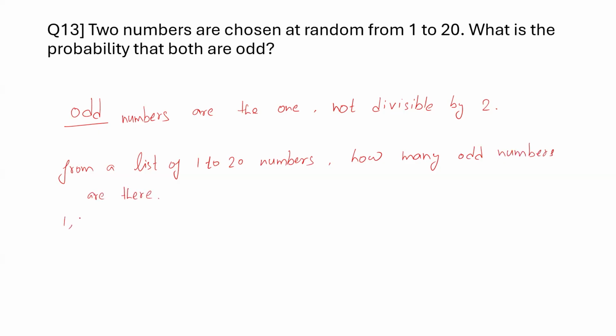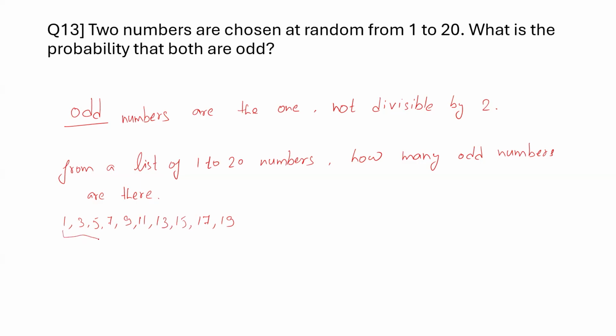So 1 is odd, 2 is not odd, 3 is odd, 4 is not, then 5, 7, 9, 11, 13, 15, 17, 19. These are the odd numbers, right? 1, you cannot divide by 2. 3, you cannot divide by 2. 5, you cannot divide by 2. 7, 9, 11.